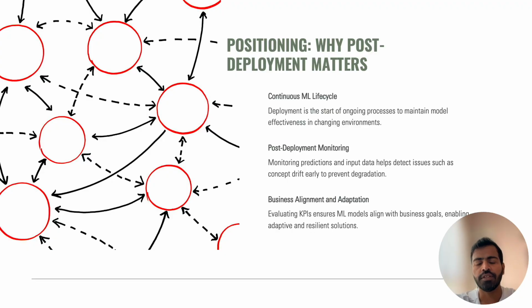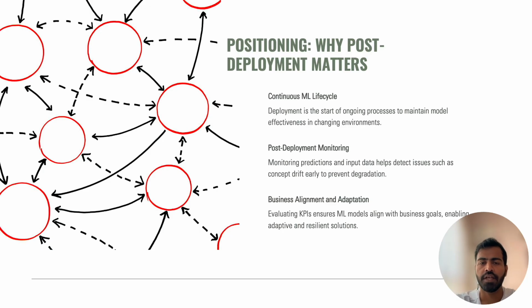In modern machine learning systems, deployment is not the final step, but rather the beginning of a continuous process. After a model is deployed, the critical question becomes how do we ensure it continues to perform effectively over time? This requires understanding that ML models operate in dynamic environments where data distribution, user behavior and external conditions constantly evolve.